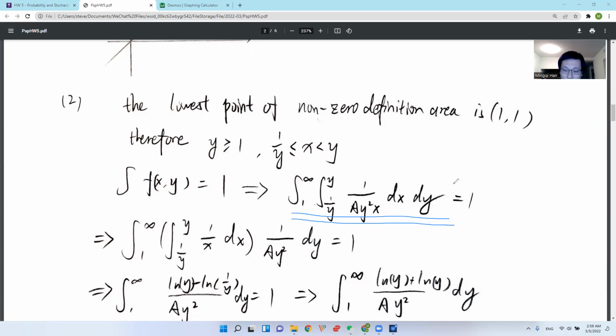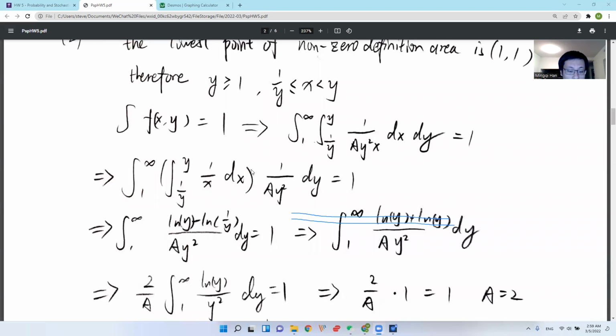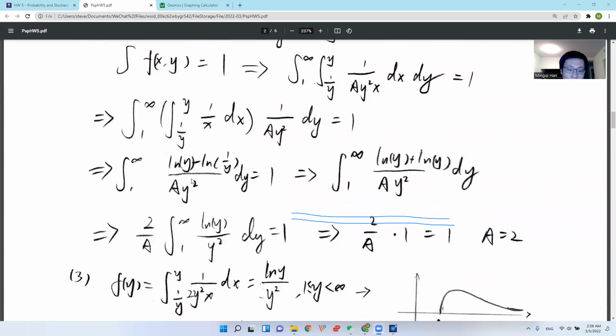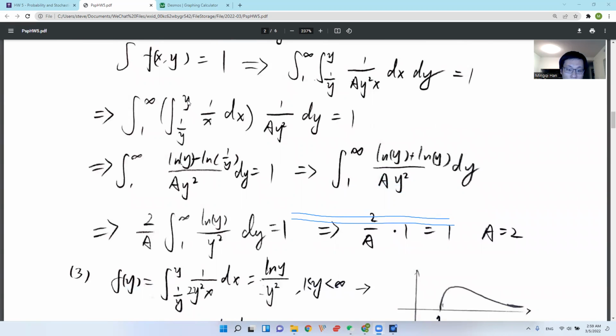This entire part should be equal to 1. We can take this dx in here, and whatever is not relevant to x, we can take out like that. And we just do the integration over x for this part and represent it in y.